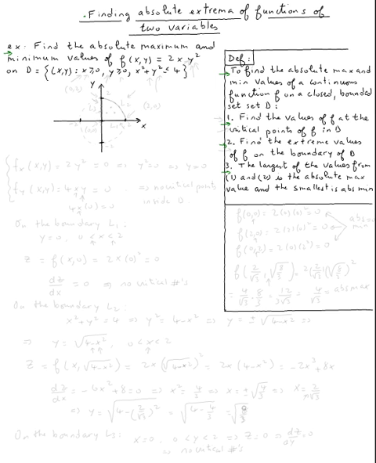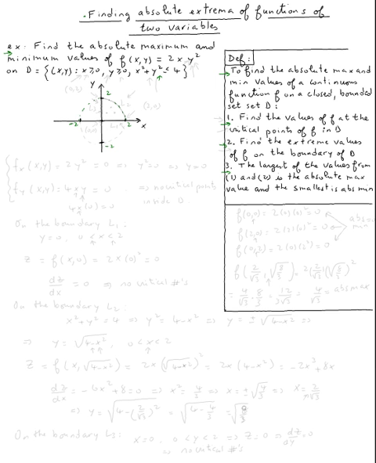Find the absolute maximum and minimum values of f(x, y) = xy^2 on D = {x positive, y positive, x^2 + y^2 ≤ 4}. So in other words, x^2 + y^2 ≤ 4 is a disk with radius 2, but we don't want the whole disk.